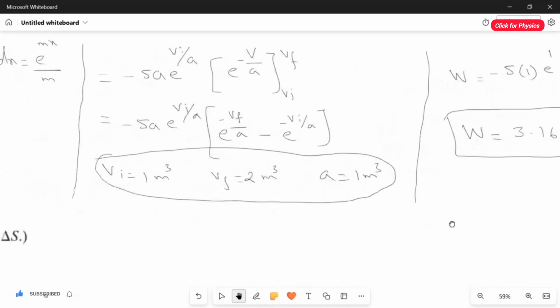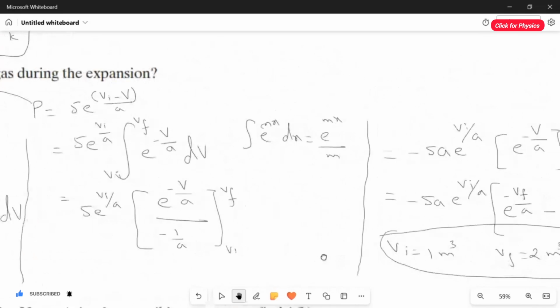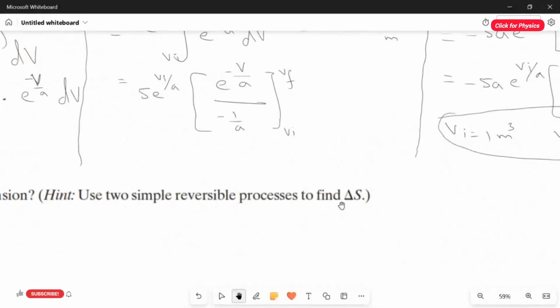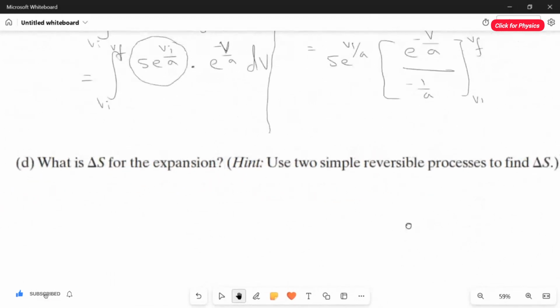Clear? Actually, the part C is a little lengthy. We are going to use the integration. You should integrate very carefully. Clear? Now we have to come to the last part. What is the last part? We are going to find the delta S for the expansion.